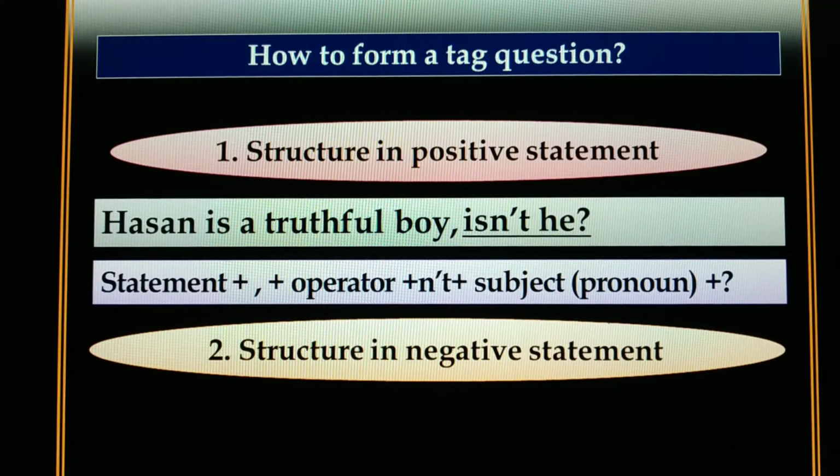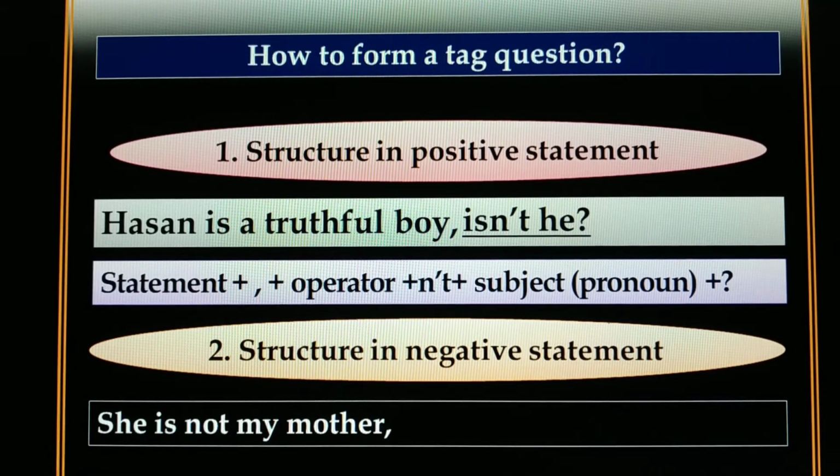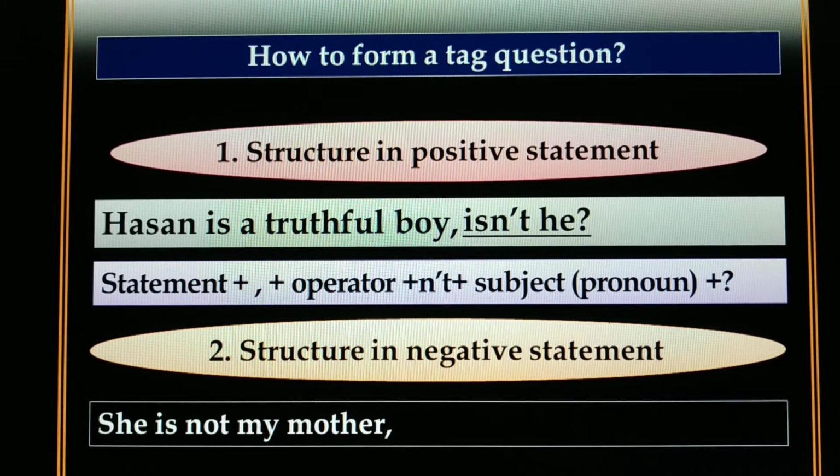Now the second structure, in negative statement. If the sentence is negative, then the tag question will be positive, and if the statement is positive, then the tag question will be negative. This is the common rule, students, you should remember this. Let's see the second structure. She is not my mother, is she?